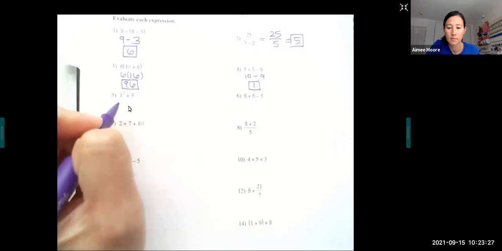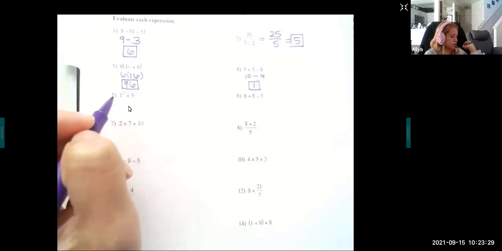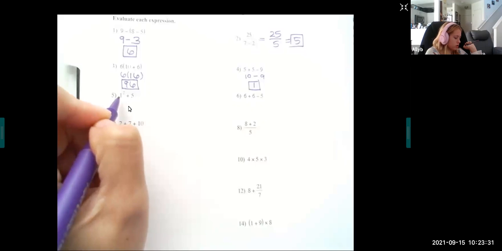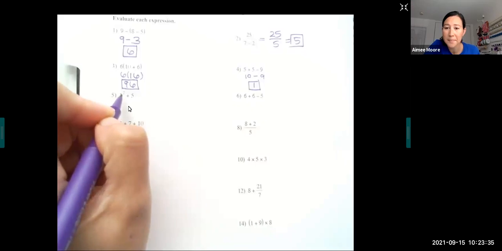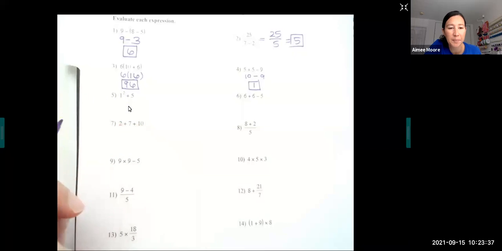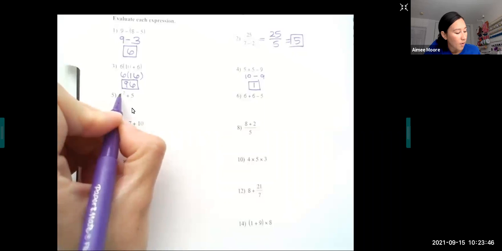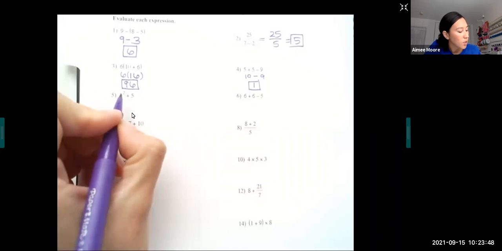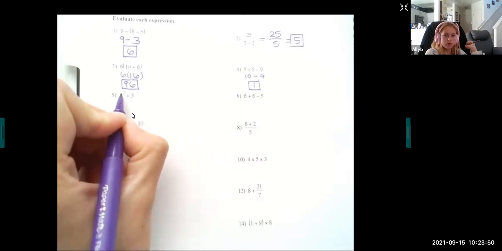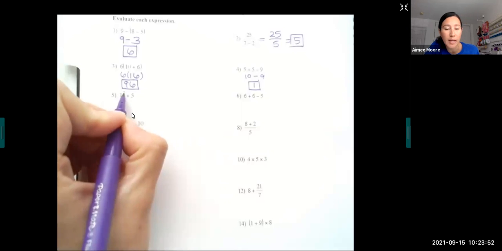For number 5, I used multiplication to simplify the exponent. Yeah. Good. I got 2 because 1 plus 1 times 2 is 2. Plus 5 is 7. Okay, really close. So just be careful. Remember, 1 squared means 1 multiplied 2 times.